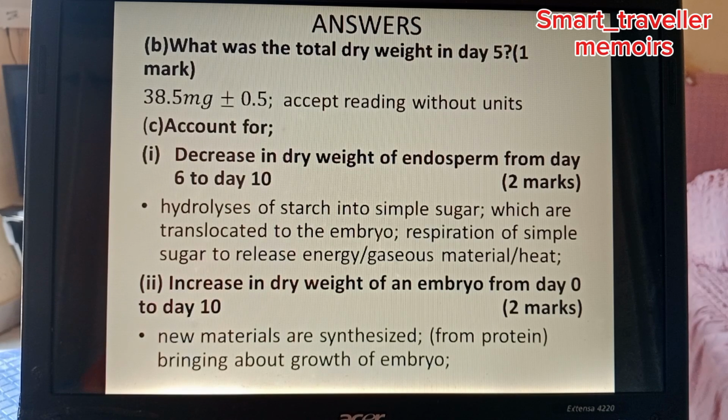The reason is hydrolysis of starch into simple sugar, which is translocated to the embryo, and respiration of simple sugar to release energy, or to release gaseous exchange material, or to release heat.